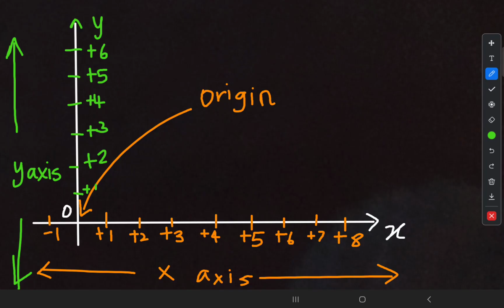Above the x-axis we have positive values, and below it we have negative values. But here we are not going to deal with negative values. I am only explaining the positive values to mark coordinates, how to identify the coordinates and how to name them. Those are the things we are going to discuss under this topic.